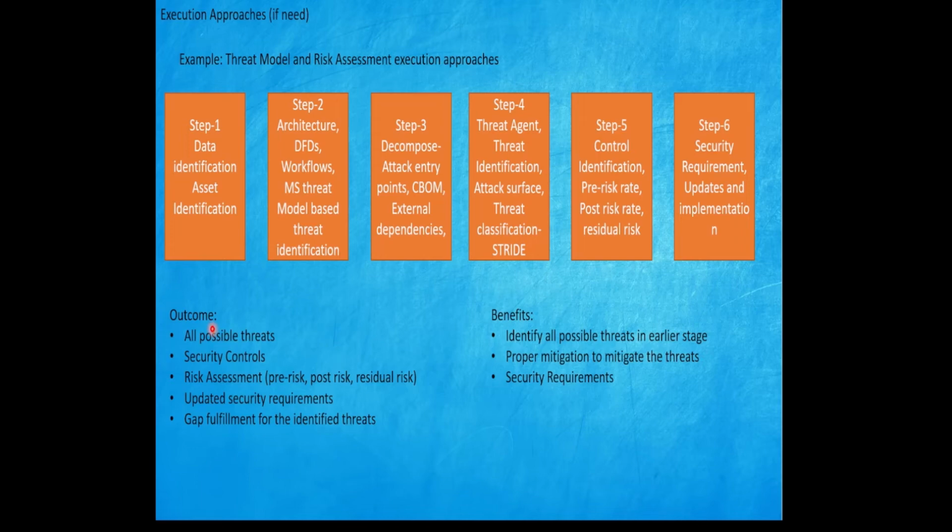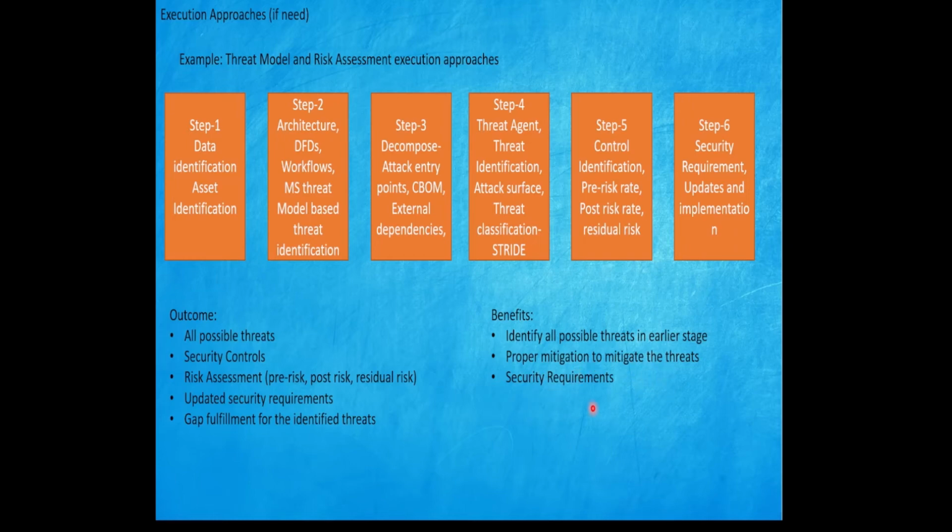The outcome of the assessment: all possible threats we can identify, required security controls we can identify, risk assessment with pre-risk, post-risk, residual risk we can create, updated security requirements we can do, and gap fulfillment for the threat identification. Benefits: identify all possible threats at an earlier stage, that is one benefit. Accordingly we can plan proper mitigation for the identified threats and update security requirements.